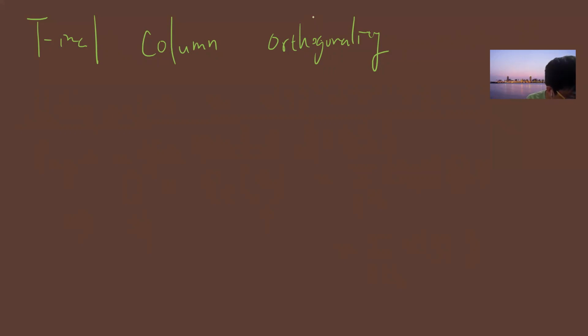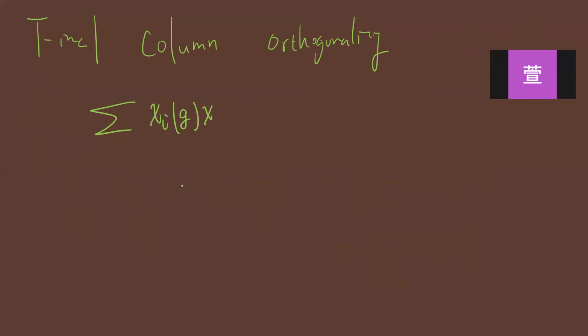Okay, so the column identity should be viewed like this, right? You take any group elements, let's say G and H. You take the sum of chi_i(G) and chi_i(H), sorry, chi_i(G) complex conjugate and chi_i(H), and such i is chosen to be all the irreducible representations.